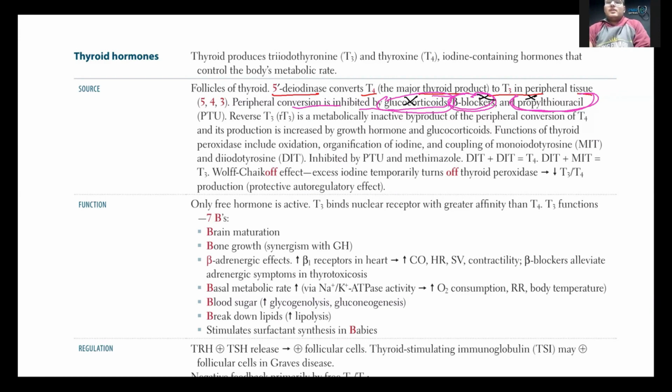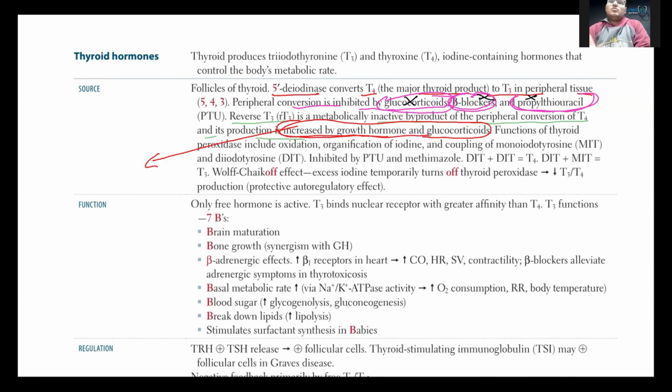The next concept, which I have already discussed, is that reverse T3 is a metabolically inactive byproduct of peripheral conversion of T4, and its production is increased by growth hormone. Very important concept, and by glucocorticoids. So here is the MCQ: which of the following increases the peripheral conversion of T4 to T3 and production of reverse T3?